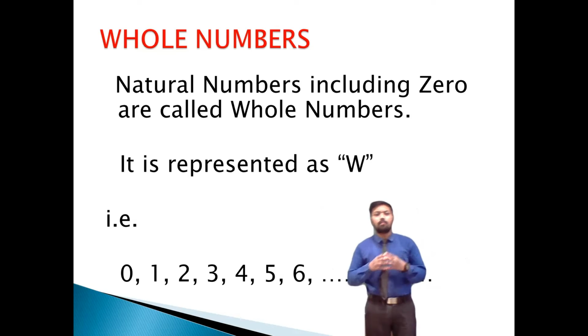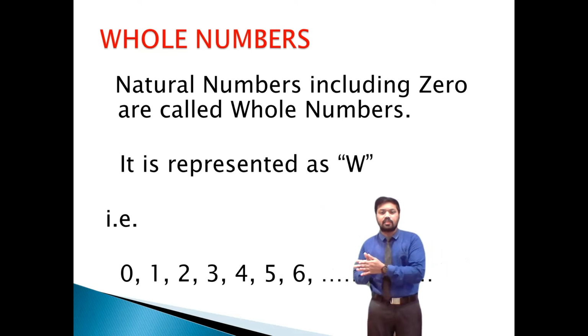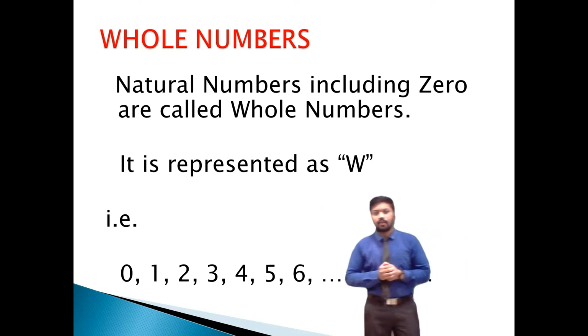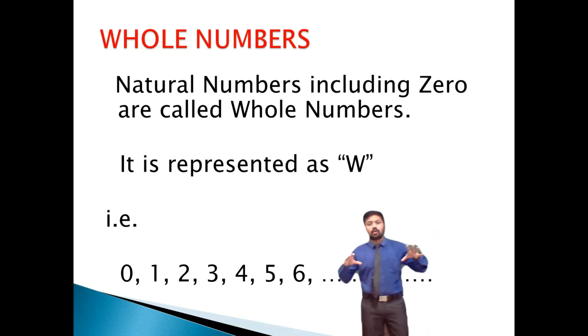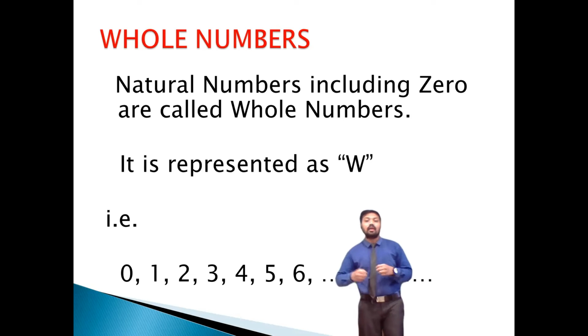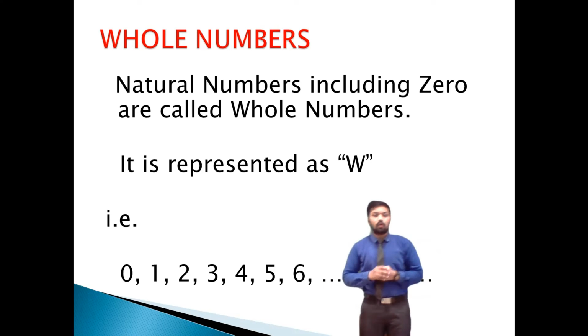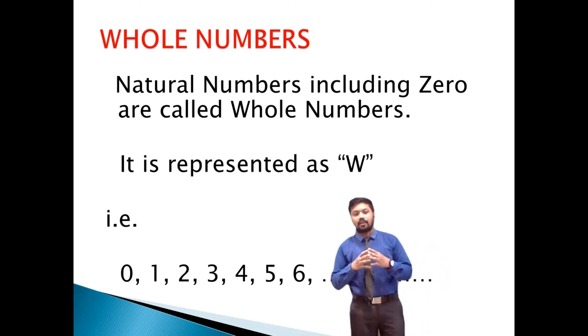We'll be doing all basic arithmetic operations like addition, subtraction, multiplication and division, as we do in the natural numbers. But what is the major change? We'll come to know in the upcoming classes. It is based on the properties. We will have different kinds of properties, which we'll discuss in the upcoming class.